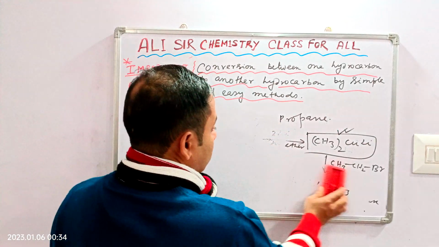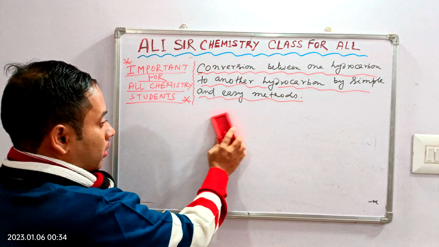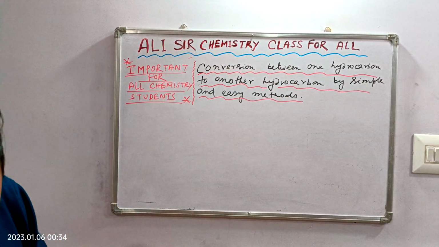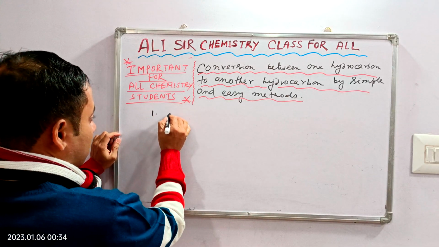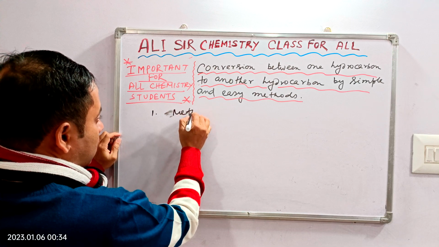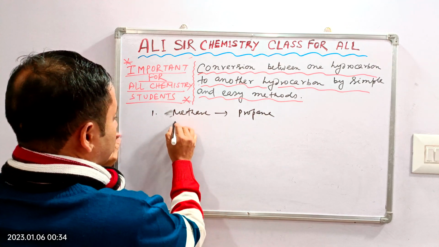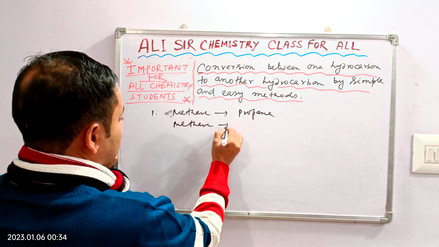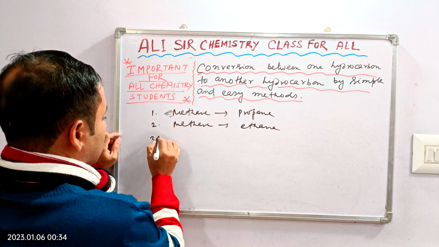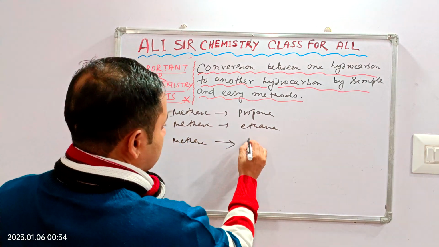Now we are moving to some other examples. That is from reverse. So the first one, whatever we have done, is methane to propane, methane to ethane, and methane to butane.